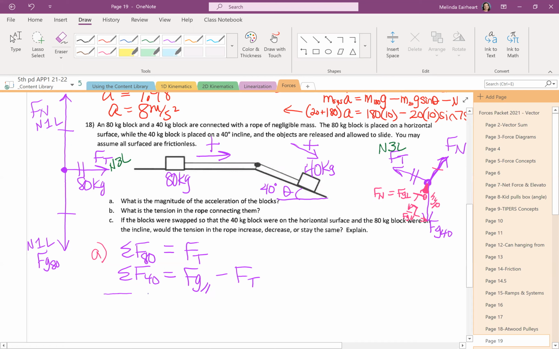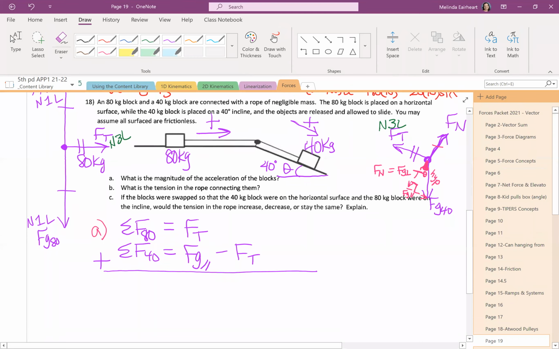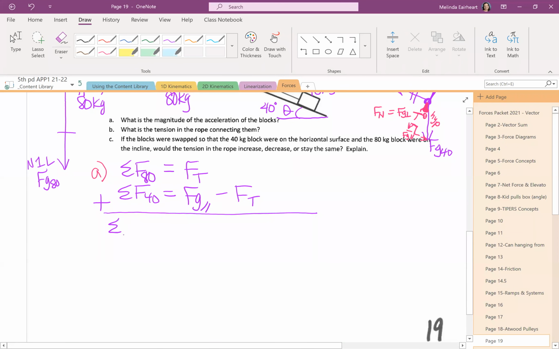All right. The acceleration of each block is the same as the acceleration of the system. And so we can add these two equations together and get FNet of the system, or you can say FNet 80 plus FNet 40. And notice what happens to the tension. Newton's third law, action-reaction pairs should do what from a system approach?